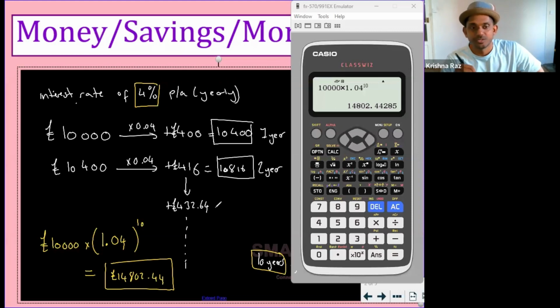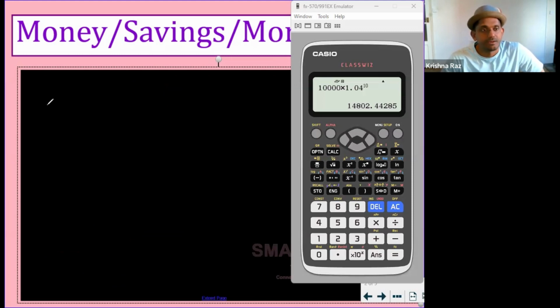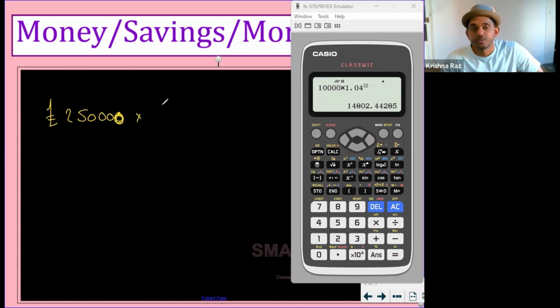That is compound interest. Obviously, there could be a variation of how the question is asked, but that is what you do. If we look at a house price, for example, let's say I buy a house for £250,000 and I'm wondering, what's it going to be worth in 25 years, when I finish paying my mortgage payments? Let's take a 2% interest rate over the next 25 years.